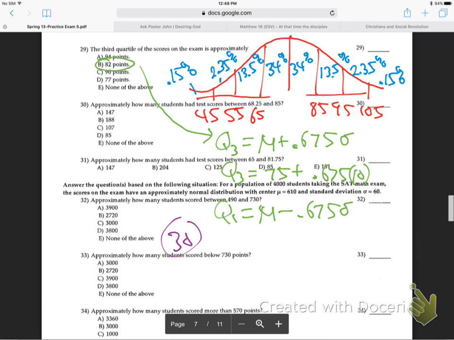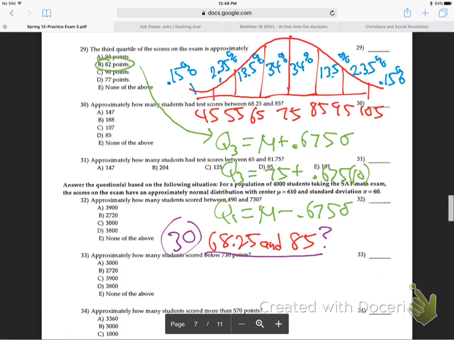68.25 and 85. So how many got test scores between 68.25 and 85?